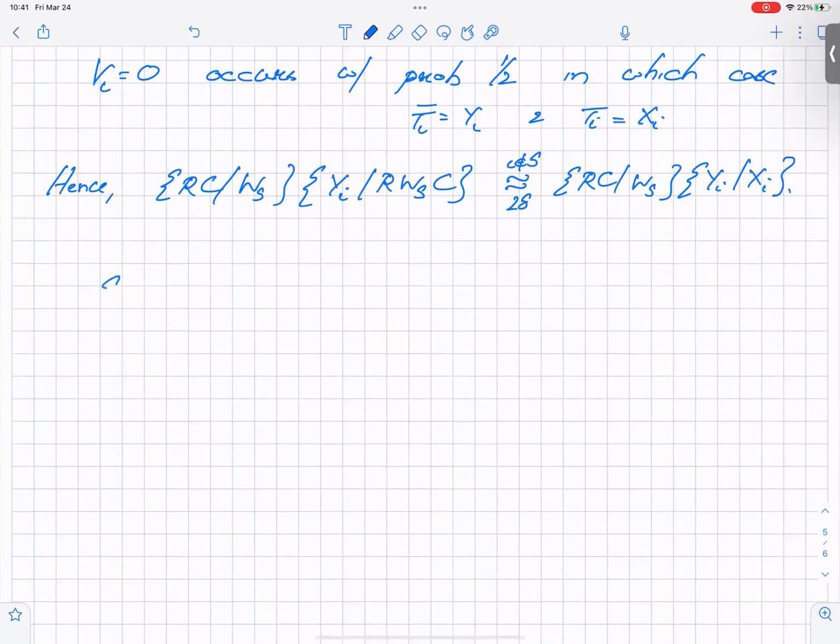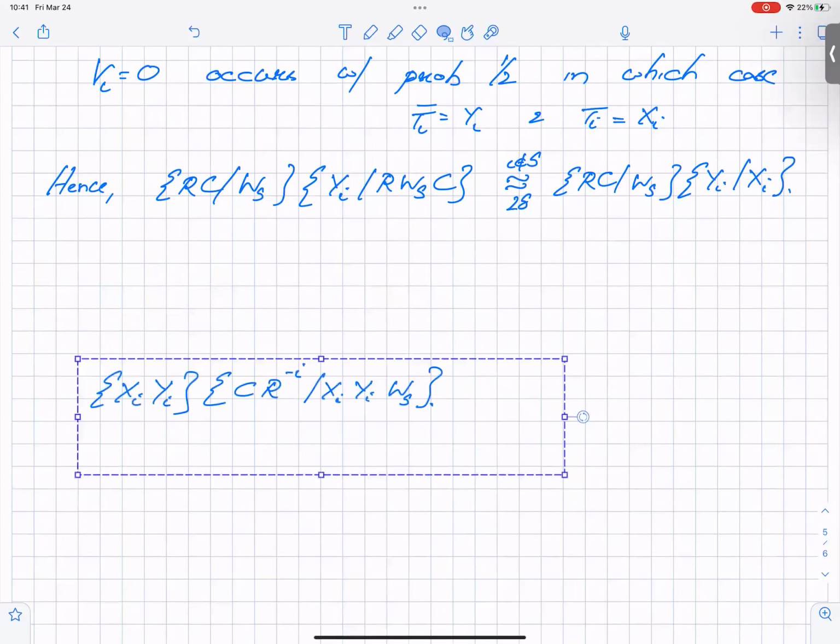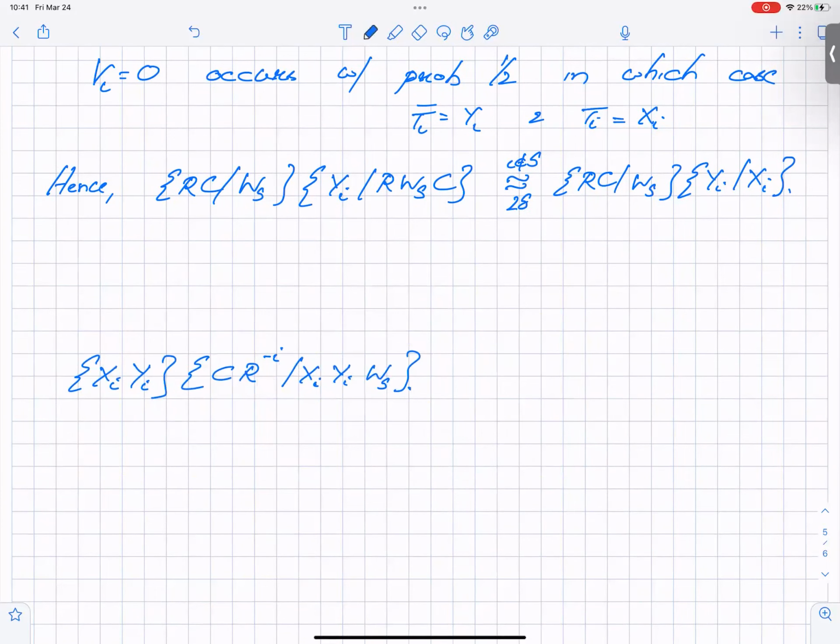So we had Xi, Yi being picked globally from the correct product distribution, C_{R minus i}. By R minus i, I mean R minus whatever is on the i-th coordinate.